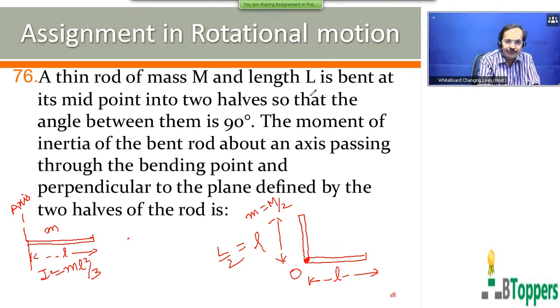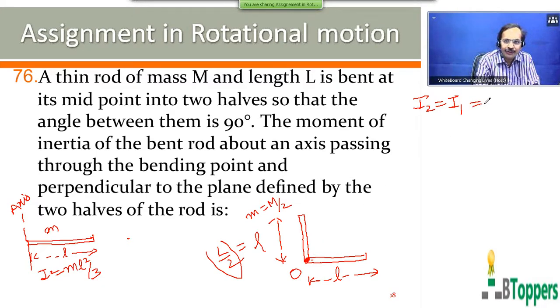So when it is bent into two parts at its midpoint, length of each part equal to half of the total length of the rod, and mass of each part can be taken as equal to half of the total mass of the rod. So moment of inertia of one of the parts about the axis passing through the point O and perpendicular to the length of the rod.